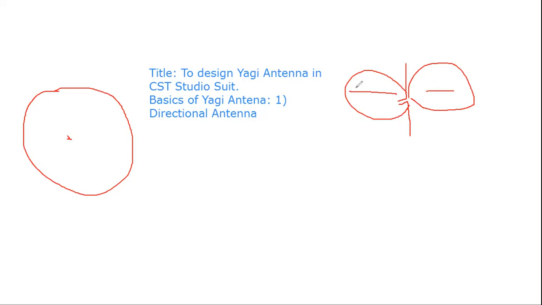You have studied in the previous class that the dipole antenna radiates the power in two directions, at 0 and 180. It means that bidirectional antennas are those which radiate the power in a specific direction, and practically all antennas are directional antennas. They radiate the power in a specific direction.